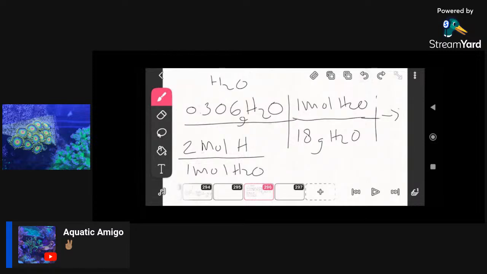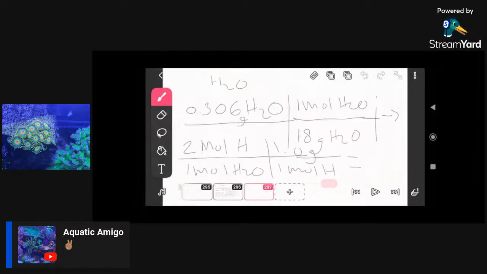So you get 2 moles of hydrogen, and we can keep going. 1 mole of hydrogen is equal to 1.0 grams of hydrogen. And then what are the numbers that we're going to multiply? Let me show you.